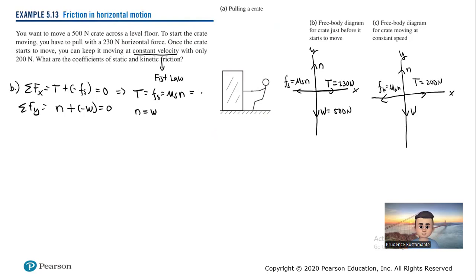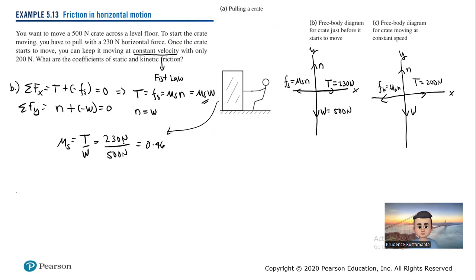Therefore, this is equal to mu sub s times the weight. Since our target variable is mu sub s, the coefficient of static friction is equal to the tension over the weight, which is 230 Newton over 500 Newton, equal to 0.46.